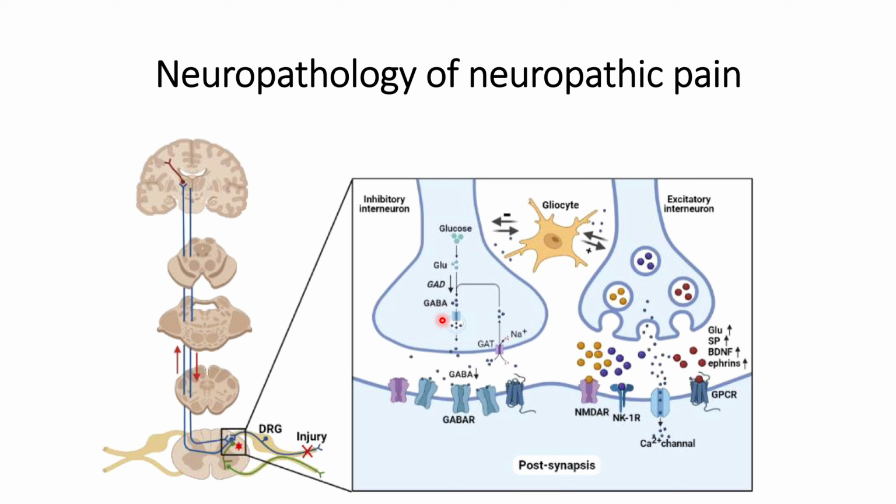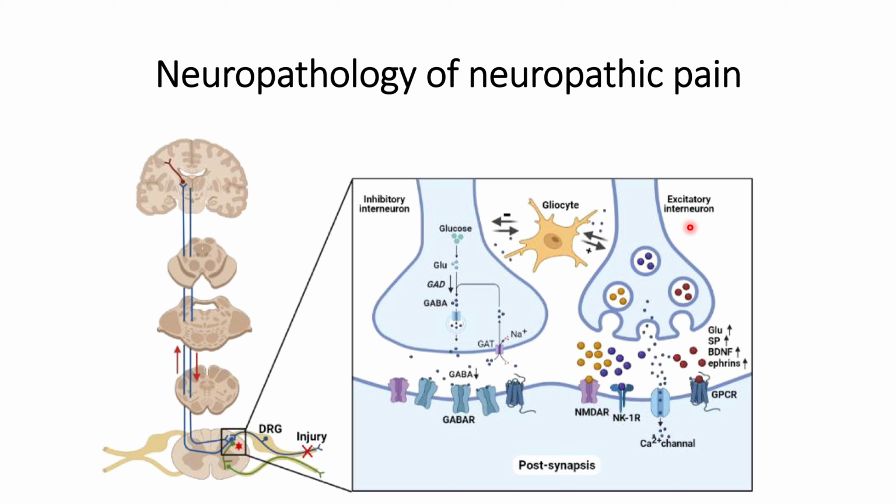At that time the GABA formation is not proper. Because of that, the inhibition function of the inhibitory interneuron is not able to perform properly, and it creates an imbalance between inhibitory and excitatory interneurons, which leads to more upregulation of glutamate, SP, BDNF, heparin in the excitatory neuron.